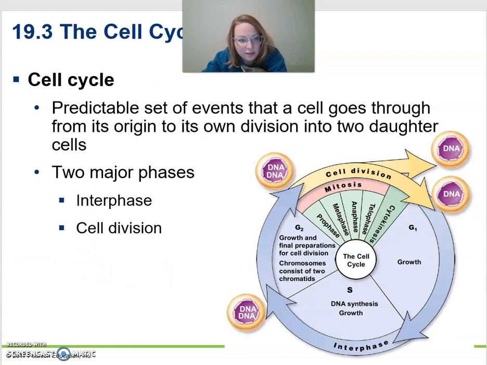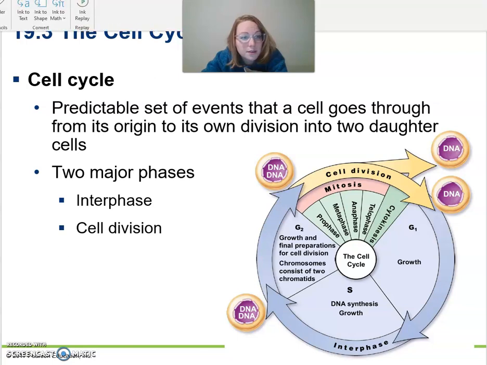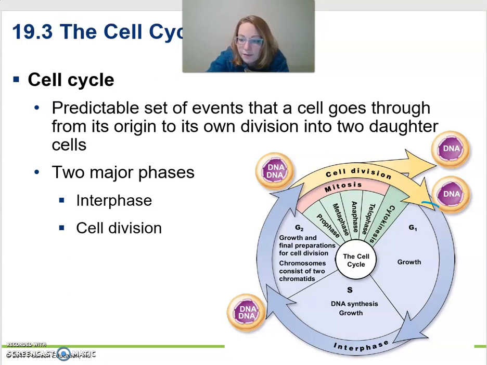Great. So now let's start to look at the cell cycle. So those somatic body cells, everything but egg and sperm, go through a cell cycle. The longest portion is interphase. So that's when the cell is functioning regularly.